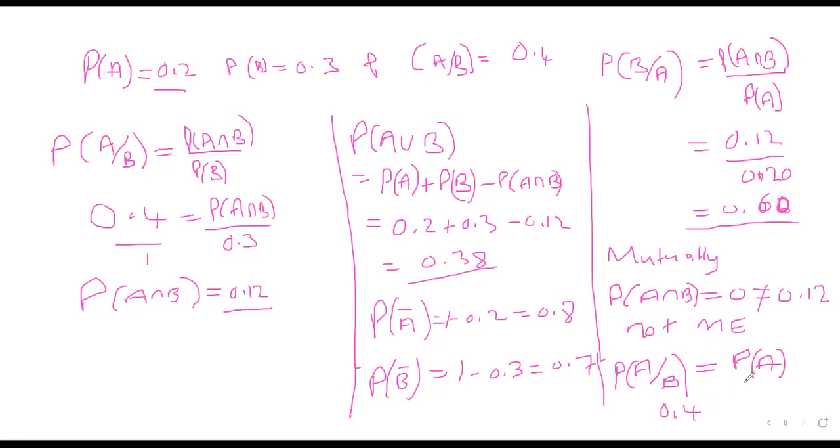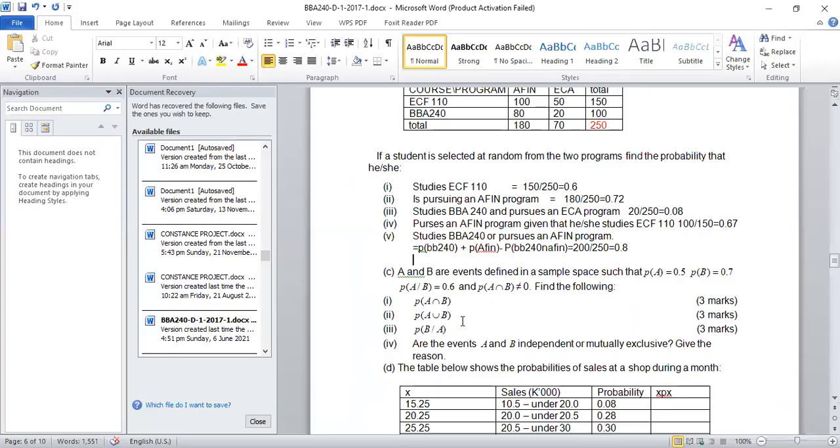And what is the probability of A? 0.2. Are they the same? No. So you can confidently conclude that they're not independent.